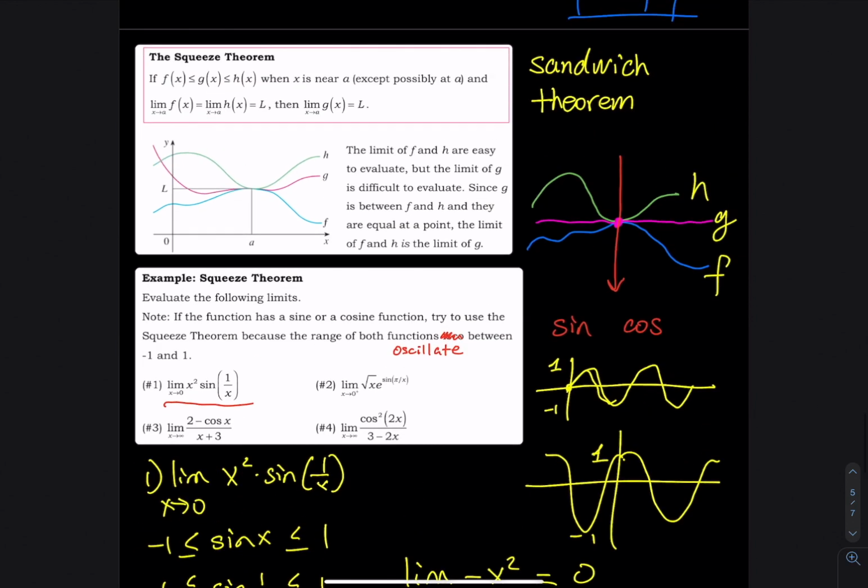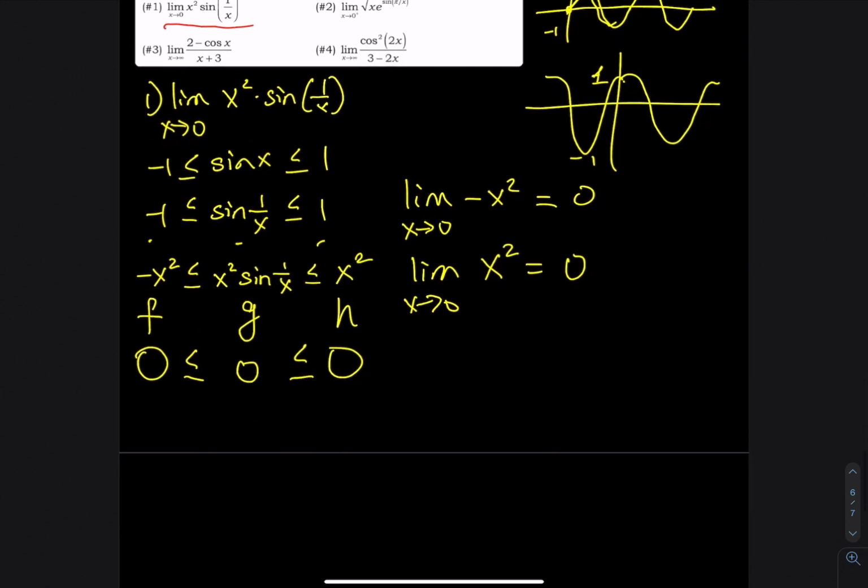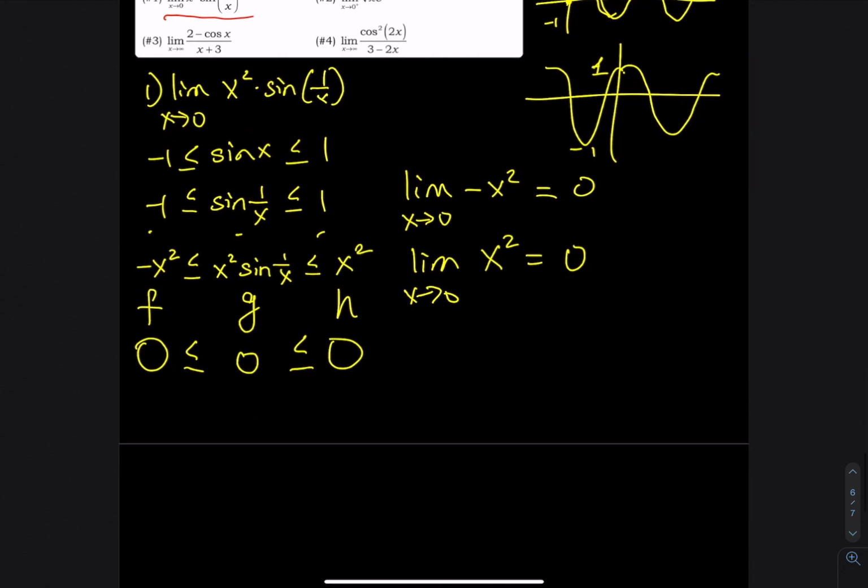That's why I said you can use one stick to poke through the sandwich, and then the stick will connect these three pieces at one point because they are touching each other at this point. In this function, f, h, and g are touching each other at x equals 0. So if you want to give me an impressive answer, you can say 0 is less than or equal to the limit as x approaches 0.